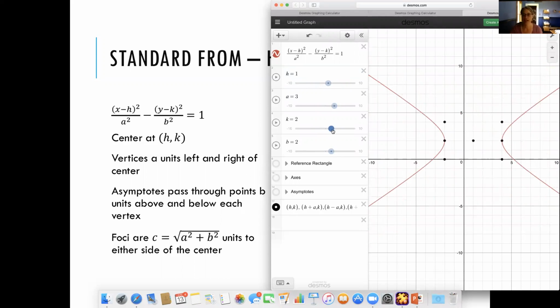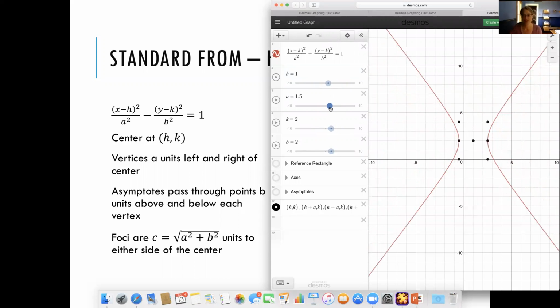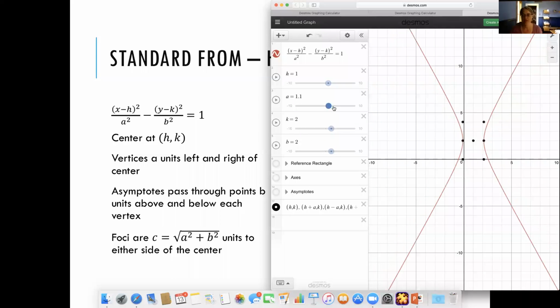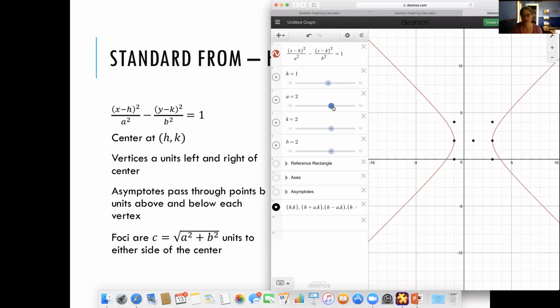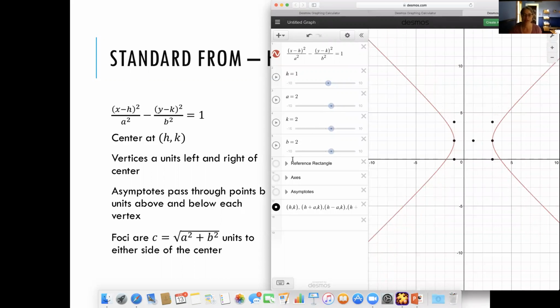Now if I change A, remember A is the distance from the center to the vertex. So I can squeeze it in tighter. And notice what's happening to my curves. That is because you see those corner points on our rectangle? Let me put in my reference rectangle. If those corner points move, that means my asymptotes move.